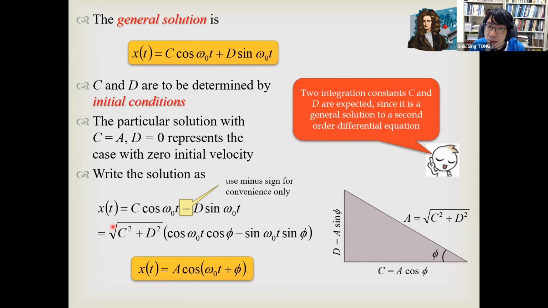This is A. Now you see this combination, cosine omega naught t cosine phi minus sine omega naught t sine phi, can be written as what? Can be written as a combined angle, cosine omega naught t plus phi. Okay, this is a standard formula. If you don't remember it, you go back to your high school textbook and look at this formula. I suggest you remember it.